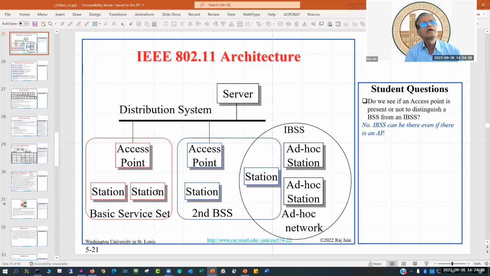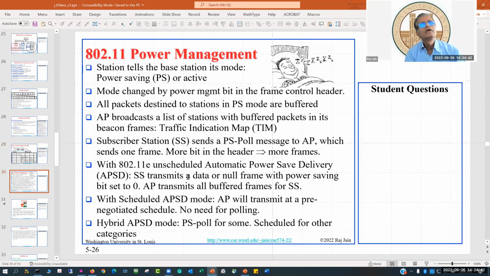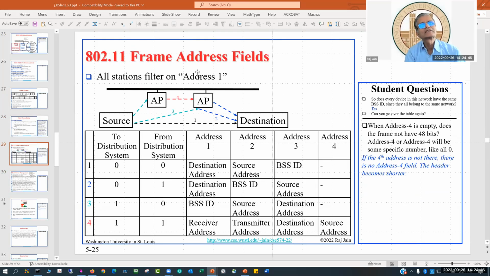So here there are two access points. The picture is not shown here, but this is one extended service set, one SSID. If you walk through the WashU campus, one encrypted SSID has hundreds of access points.